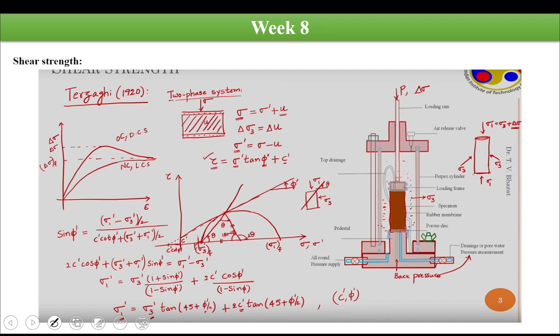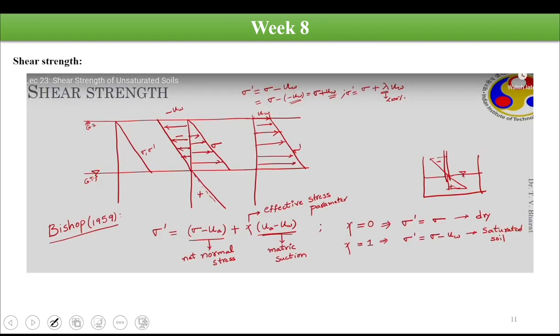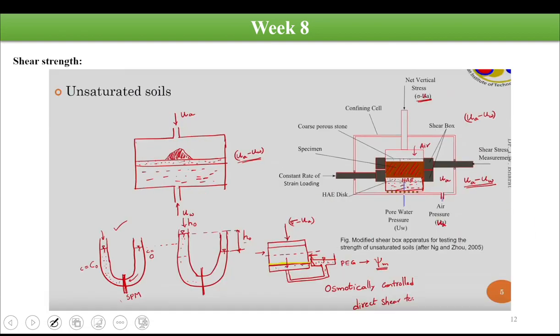Okay, so in the modified direct shear test, as we'll see here, we basically apply air pressure and maintain this air pressure and the water pressure using the back pressure concept, and then we can maintain UA minus UW, as we were having in the case of the axis translation technique.